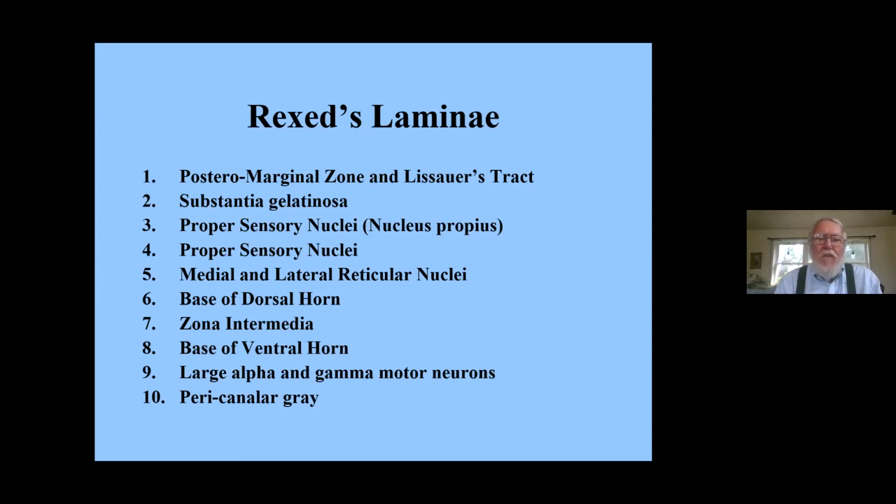So the most superficial and the most dorsal of the laminae is called the posterior-marginal zone of the dorsal horn. And what it does is border Lissauer's tract. So these are cells that are getting somatosensory input at whatever level of the cord you're at.